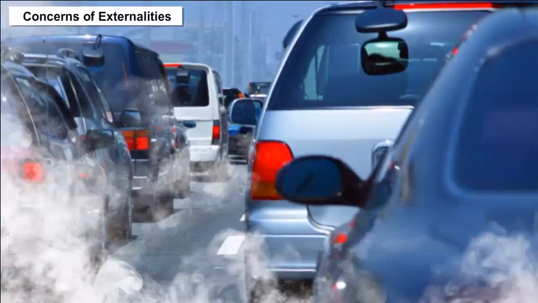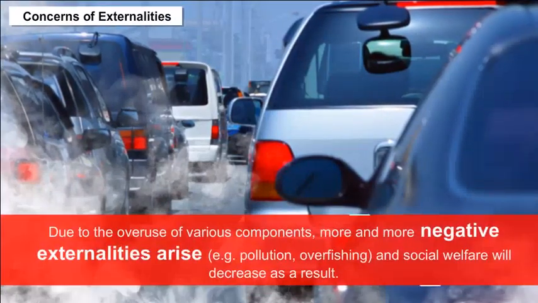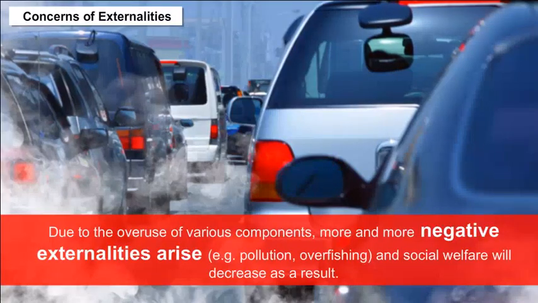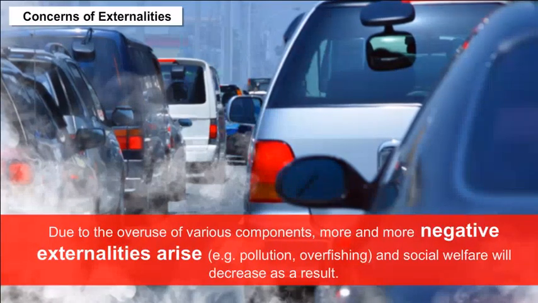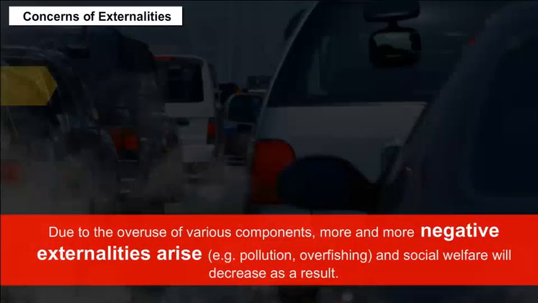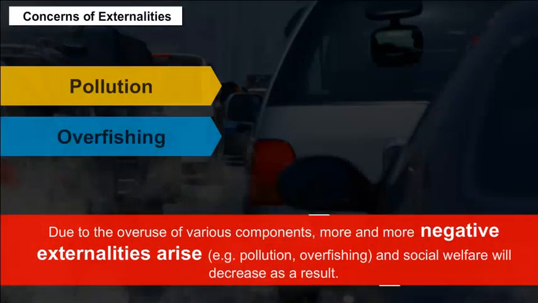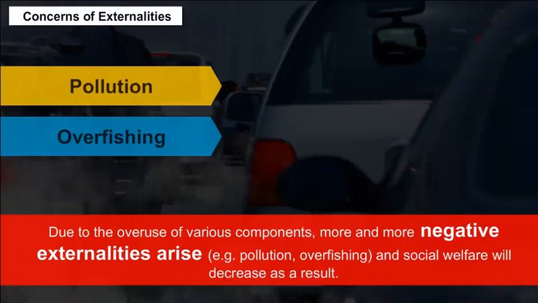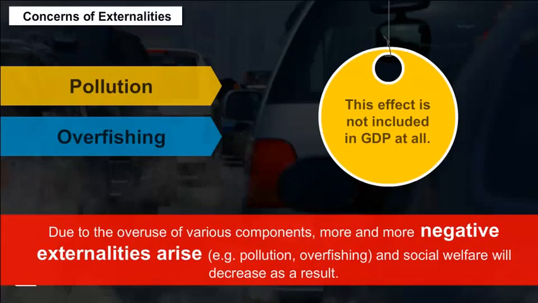Concerns of externalities. Due to the overuse of various components, more and more negative externalities arise. Example: pollution, overfishing, and social welfare will decrease as a result. This effect is not included in GDP at all.